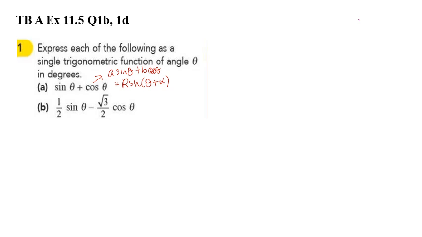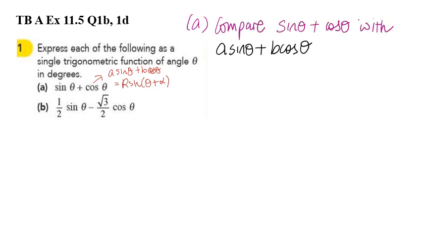From there we can write down the values for A. A is the number in front of sine theta, in this case 1, and B is the number in front of cos theta, in this case also 1. So you can just substitute into the R formula. R is equal to the positive square root of A squared plus B squared.